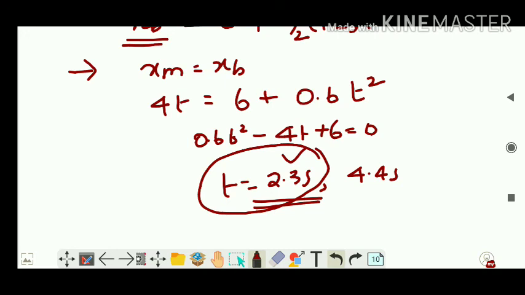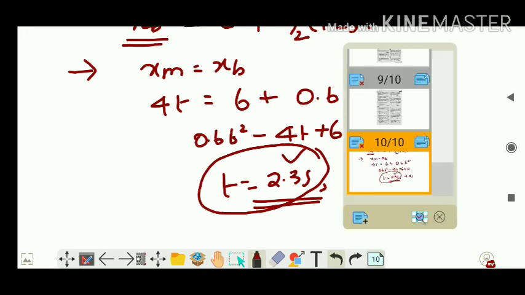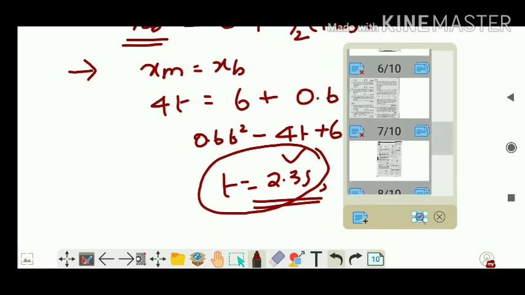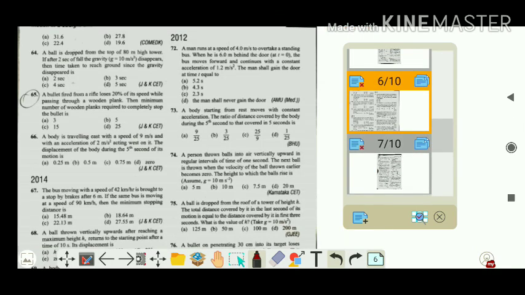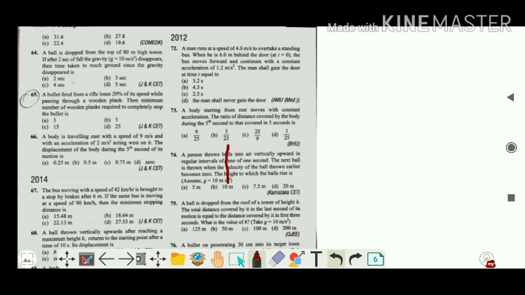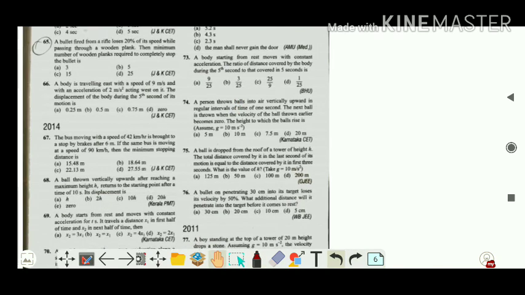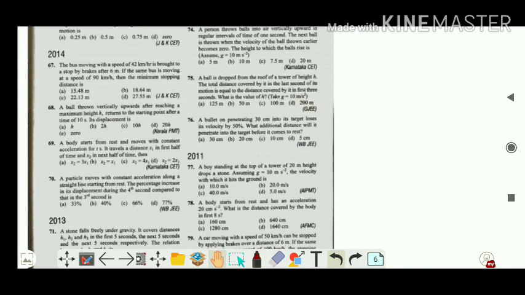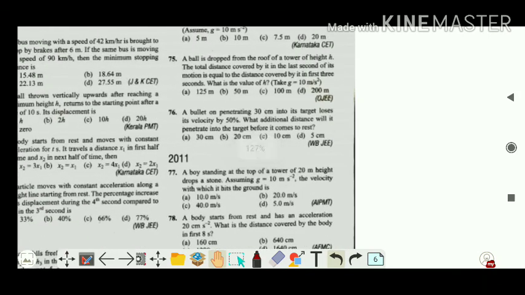Clear? Easy, right? Now let's move on to the next question, guys. Let's do the 70th question. Now 70th question, can you see? Let's make this large.